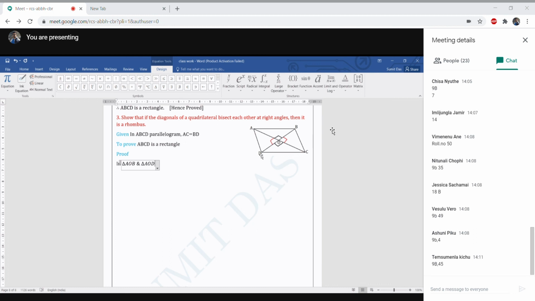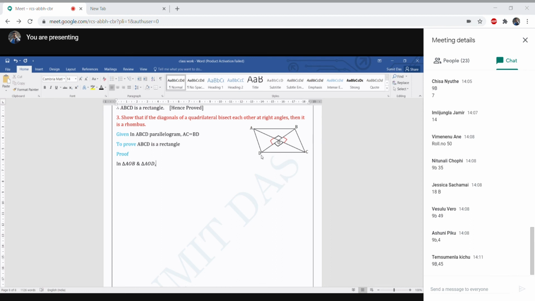Then in triangle AOB and AOD, let's see what angles are these. Oh, sorry. First, we have to write the given part.